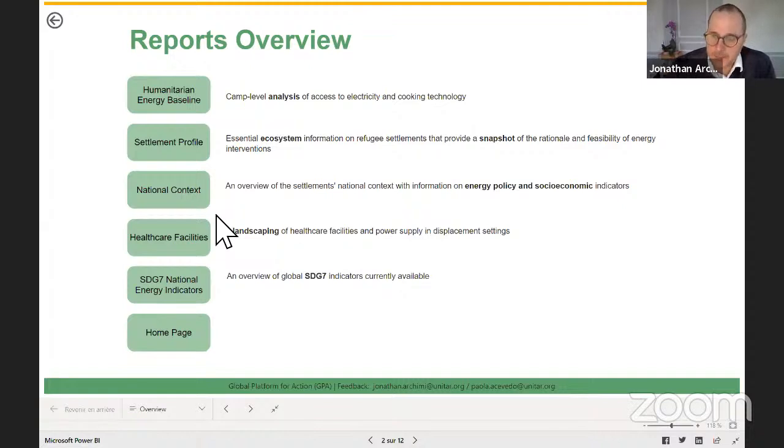We have the settlement profile, and then we have the national context. After, we can quickly go through, but this is in development. We have another page that focuses on a specific thematic, which is currently under development: a landscaping of healthcare facilities.